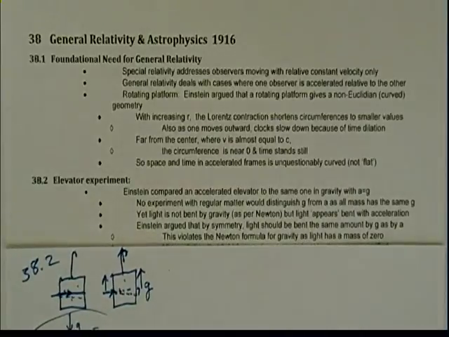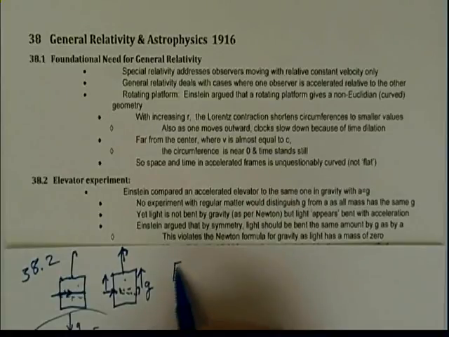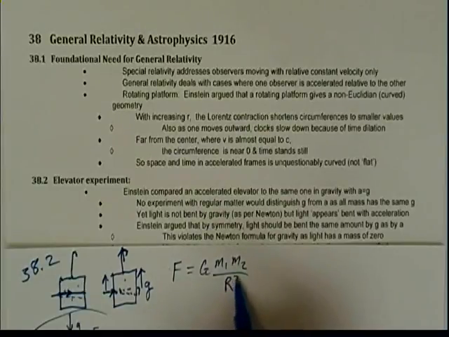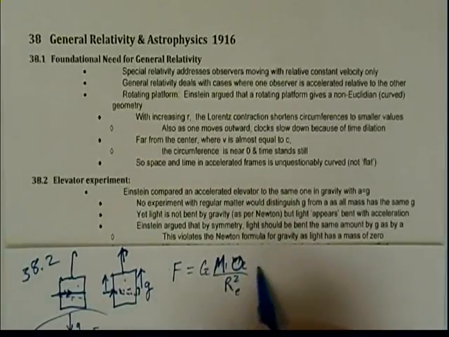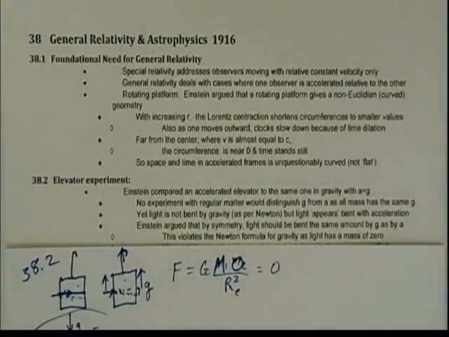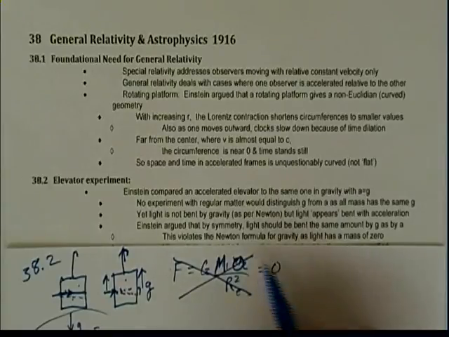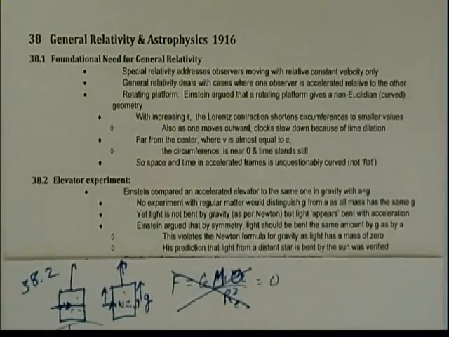Well, this violates Newton's formula for gravity. And Newton's formula, you recall, is force equals G m1 m2 over r squared. If this is the Earth, we make this the mass of the Earth, and this is the mass of a photon, a light, it is 0, and our force is therefore 0. So it violates Newton's law of gravitation and says this law is wrong.